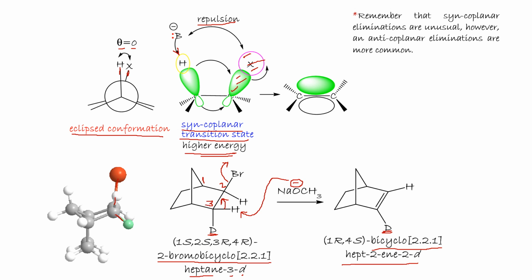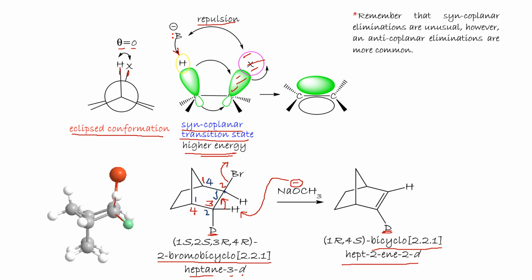Okay? So 1, 2, 3, 4 versus 1, 2, 3, 4. Why? Because numbering from this side, the Br will be number 2.